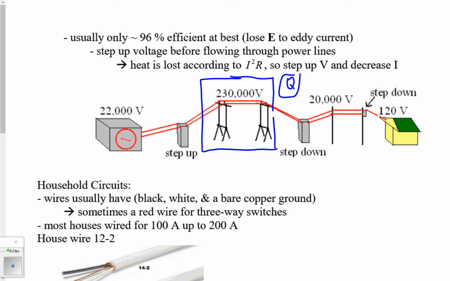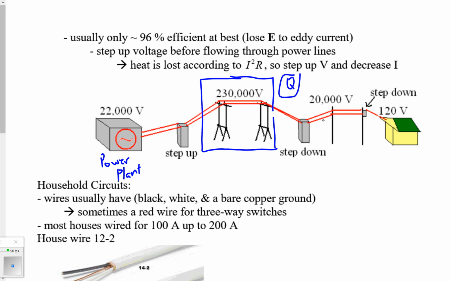So what they do is, say for example, this is your power plant over here. What they typically do at the power plant is right outside you'll see a bank of transformers, and they step the voltage way up. So let's say for example 230,000 volts. And what it does is this: you produce less heat in the wire, so you're actually losing less energy that way.